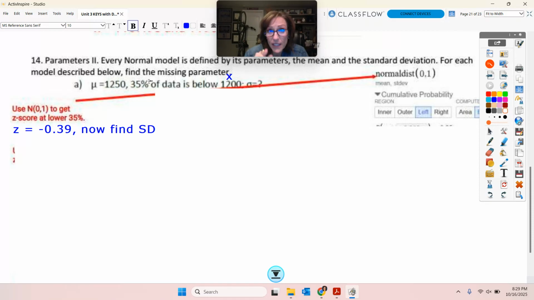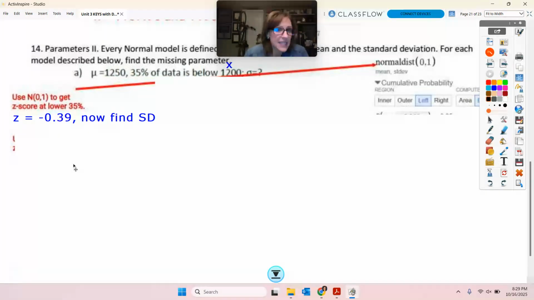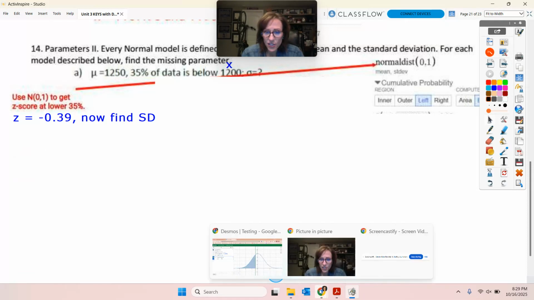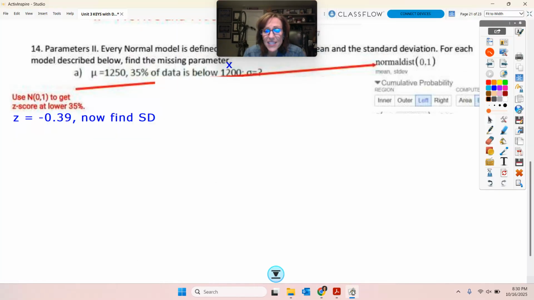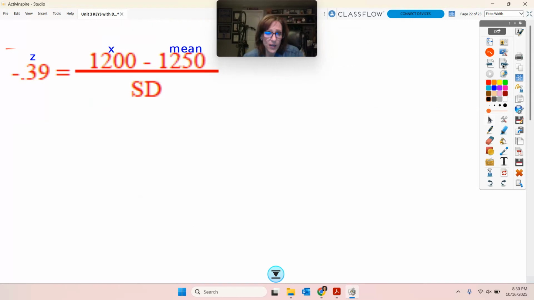That's really important, and I actually have a song about that. Percent is not the z, it's not the z. Use the percent to get the z. It's the standard normal model of the mean of 0 and standard deviation of 1. And I'm going to use the percent to get the z.